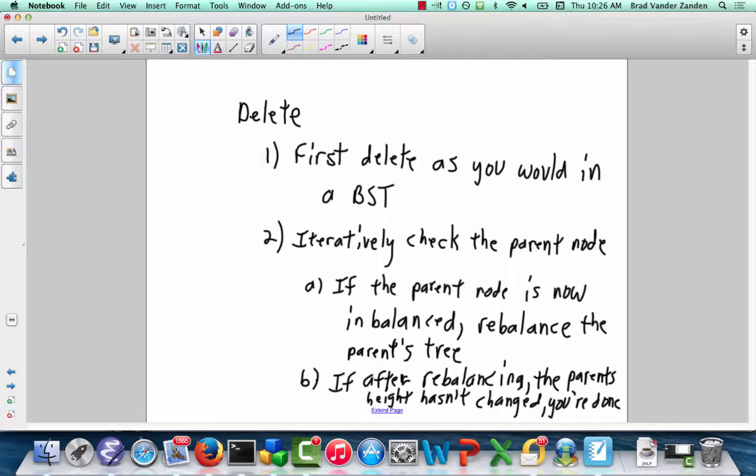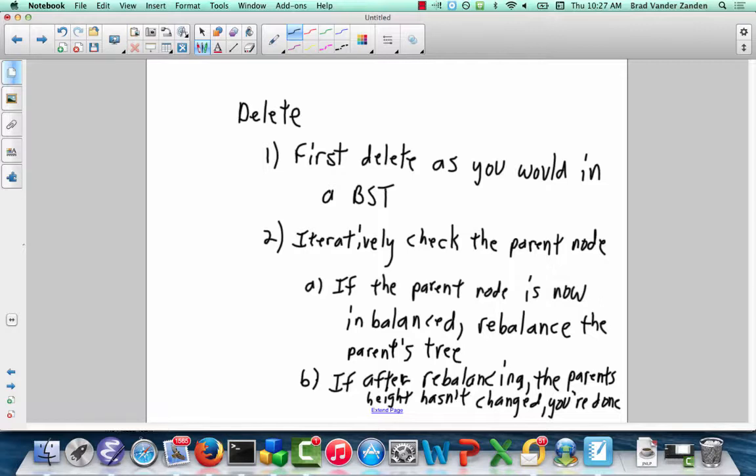But if after rebalancing the parent's height changed, you'll have to repeat the check by going to that parent's parent node. And keep doing that until you reach the root. Okay, so the other reason you're done is you reach the root and you can't go any further.